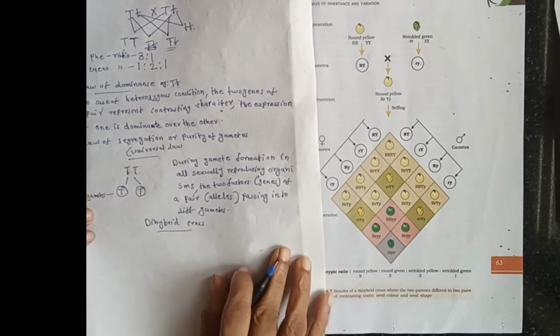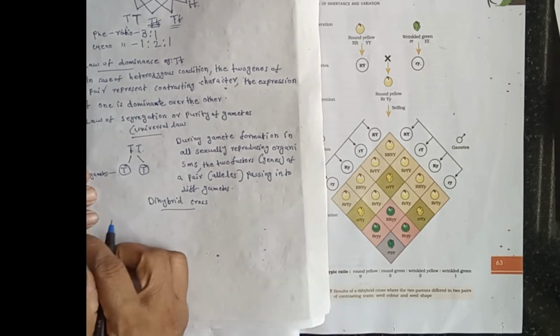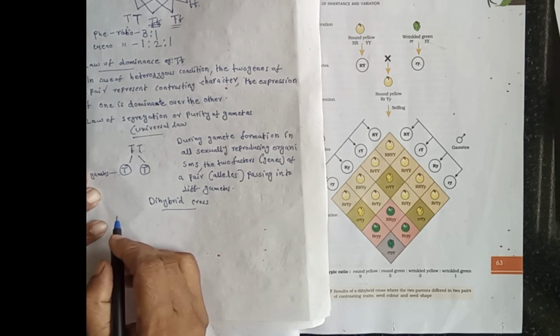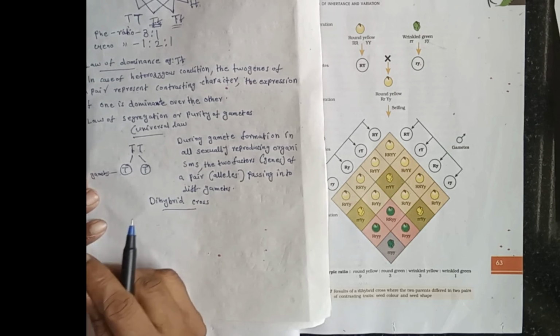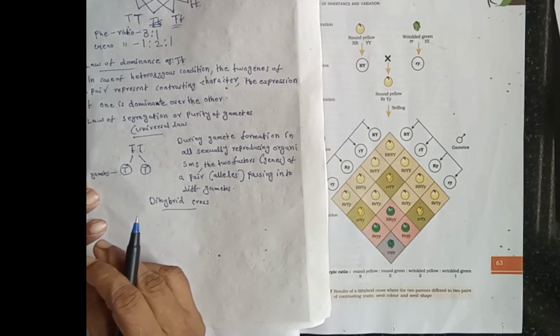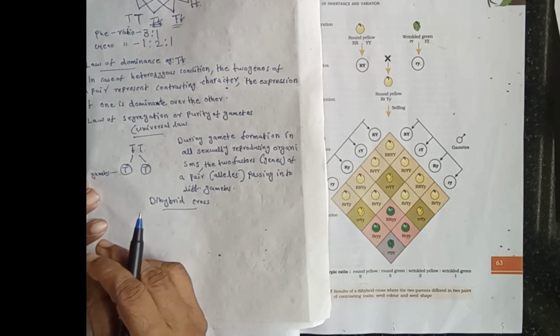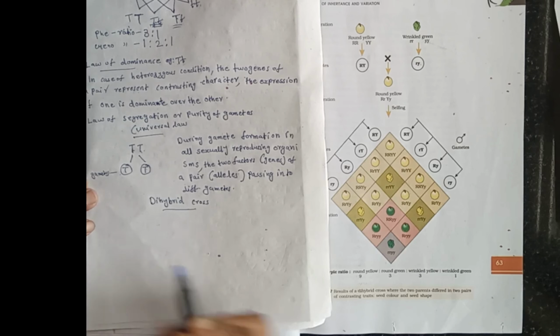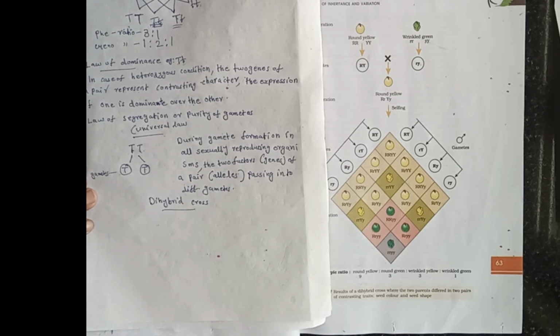Here we take a round yellow seeded plant crossed with a wrinkled green seeded plant. The shape of the seed is round and the color is yellow, crossed with a green colored wrinkled seed plant.